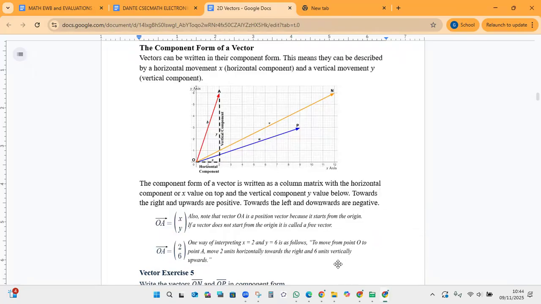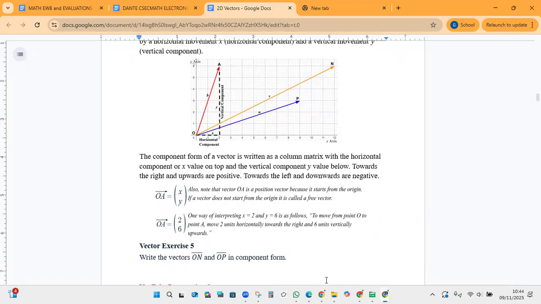So exercise 5 says to write the vector ON and OP. ON is V and OP is U in component form, okay, in the component form.